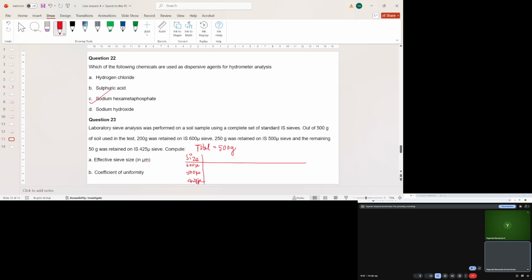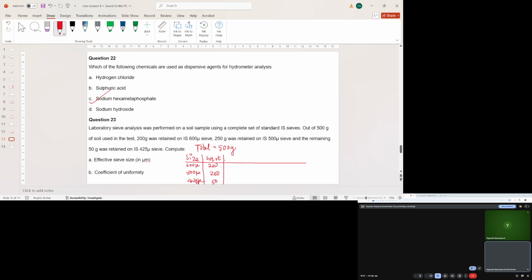Now, the second thing is weight retained. So the weight retained is 200 grams, for 500 it is 250 grams, and 50 grams is retained on 425 microns.